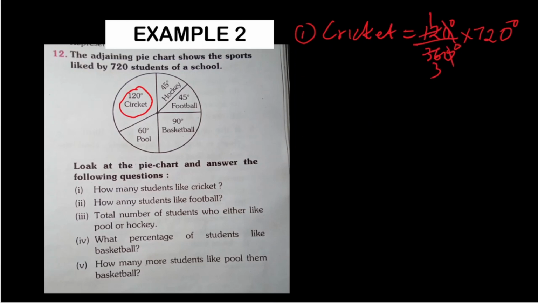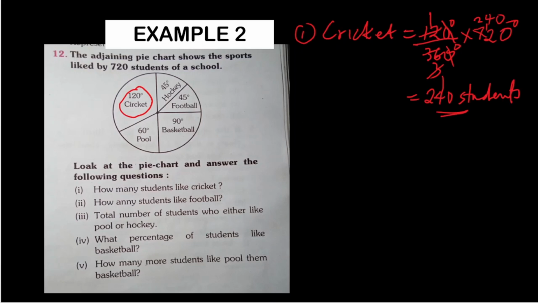That's 1 over 3. Three into 720 is 2, remainder 1 in 12, that is 4, then 0. So that means 240 students like cricket. I hope that is clear.